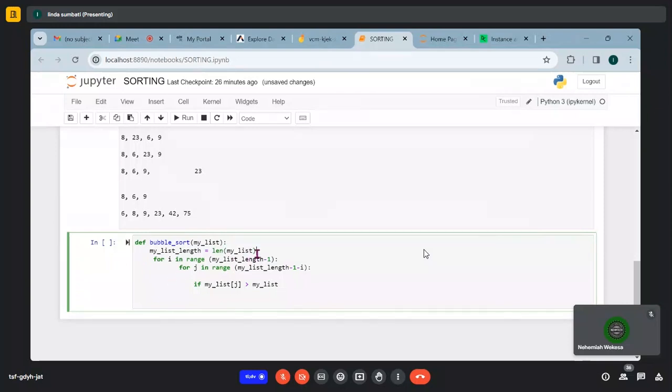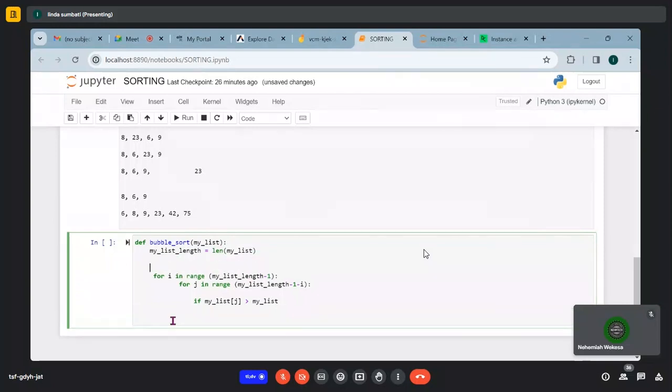So maybe I can give it space. The first one, this one is 4. Yeah, I think it's correct, because here we were just making sure that we define the length of my list as my list length. I think it should be the same as my list length after definition.